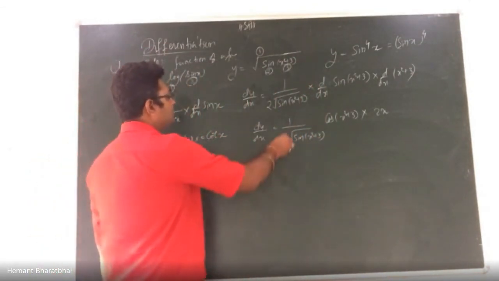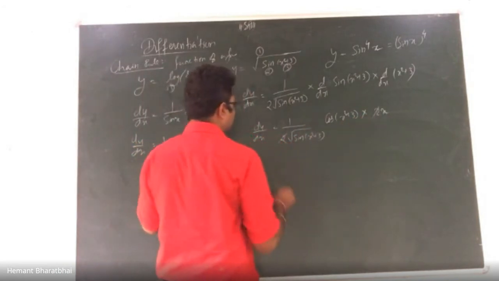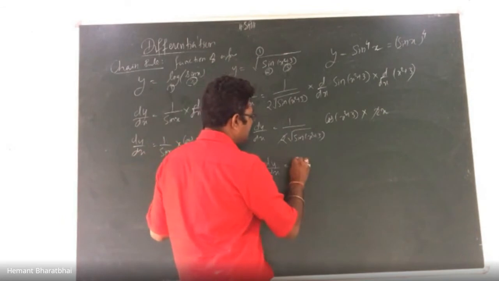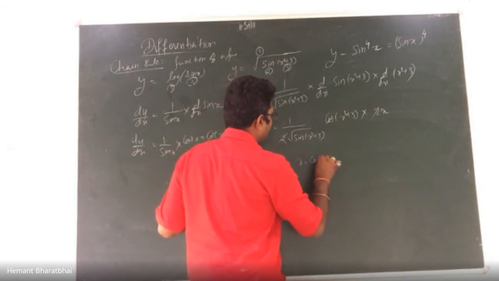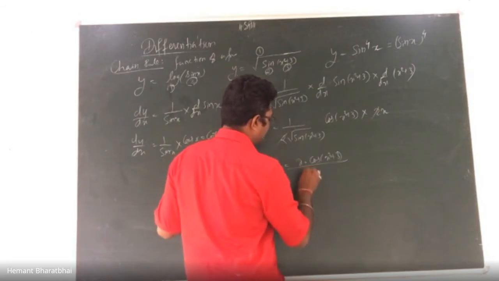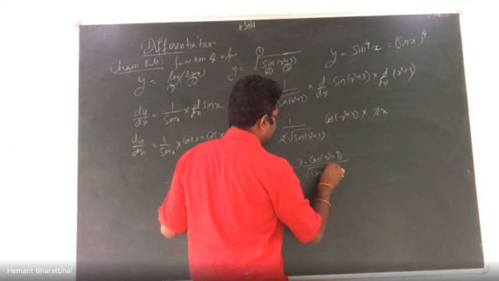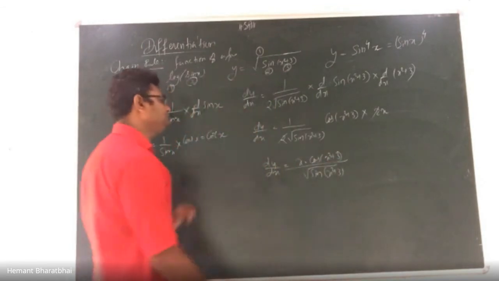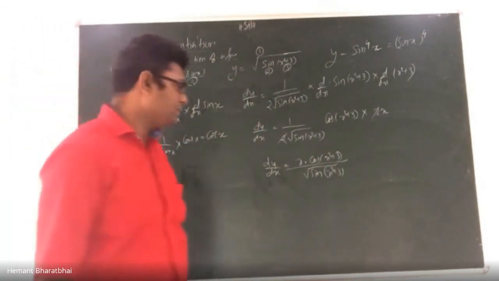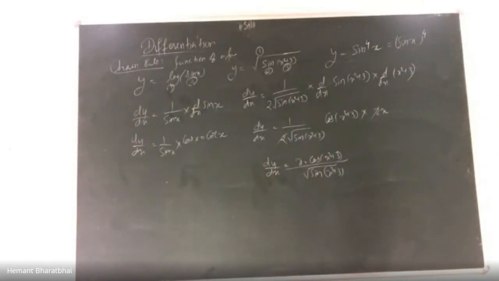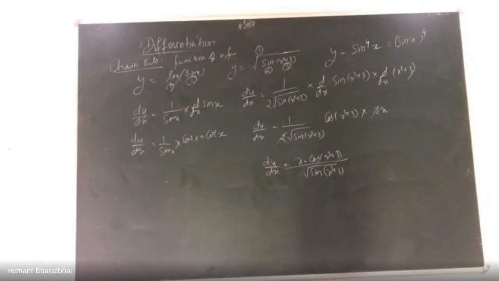So this 2 and this 2 get cancelled, so I'll get dy by dx is equal to x into cos of x square plus 3 upon root of sine of x square plus 3. So this is the derivative of the second function which I have written over there.